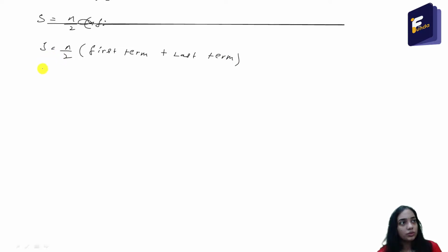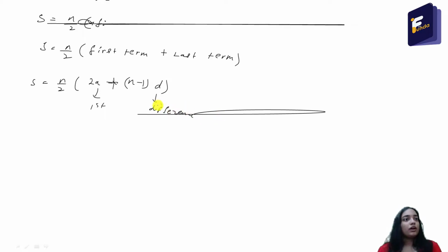Also S equals n by 2 into 2A plus n minus 1 D. A is the first term and D is the common difference. So these are the two formulas we have got.